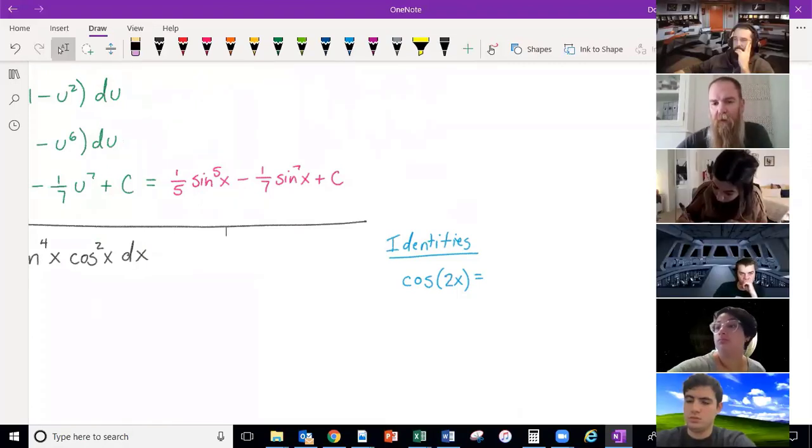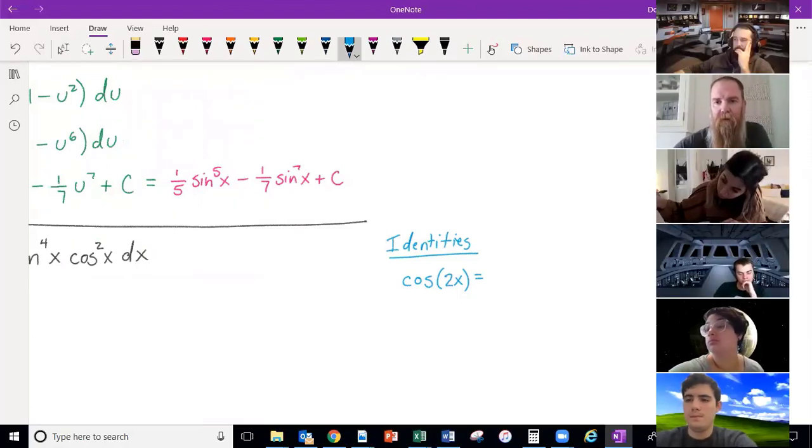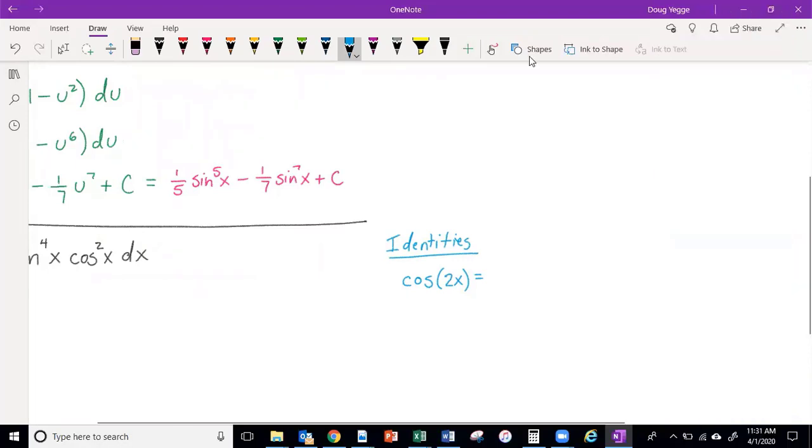The double angle formula for cosine? Anyone? Yeah, it is cosine squared x minus sine squared x. You're absolutely right. It's cosine squared x minus sine squared x.